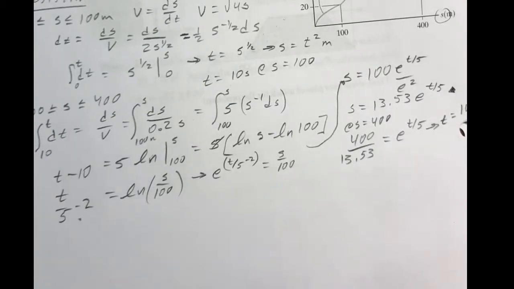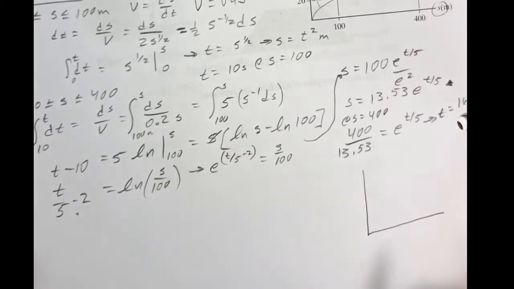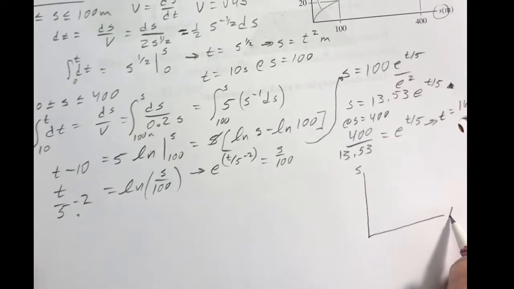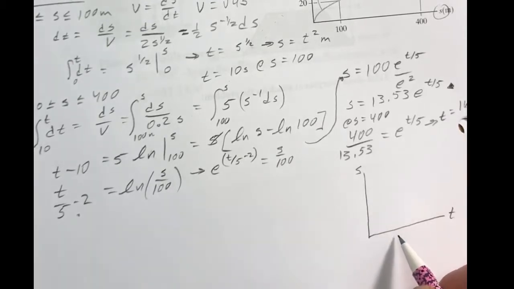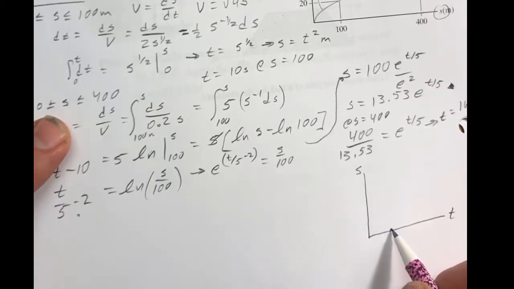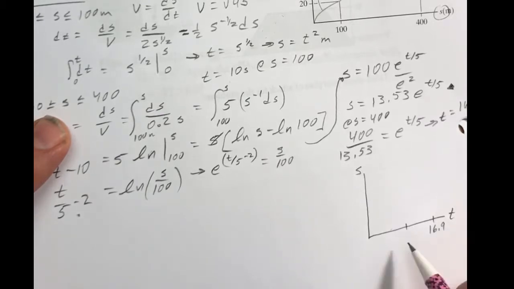All right, so now we can make our position versus time function. We know that s equals 0 at time equals 0, and then at t equals 10 seconds, s is at 100, and at t equals 16.93, let's see, let's start here.